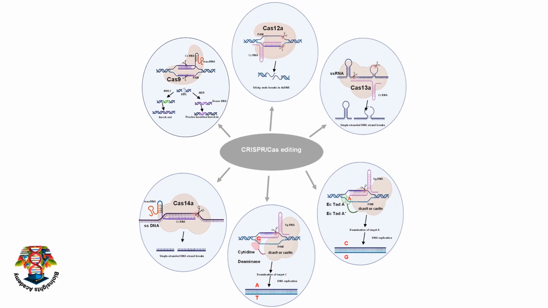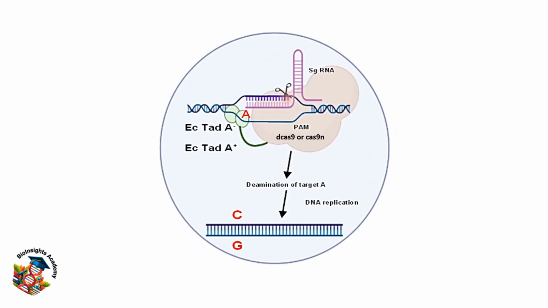And finally, the last CRISPR-Cas system which can be used in genome editing and we want to talk about today is ABEs, or adenine base editors, which are designed for precise single base pair changes in a DNA sequence, specifically converting adenine to guanine, which results in a corresponding thymine to cytosine change on the complementary strand.